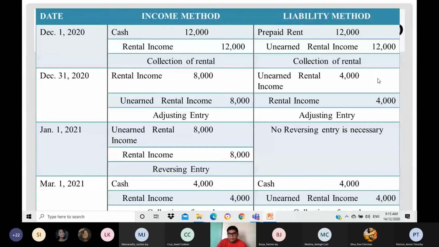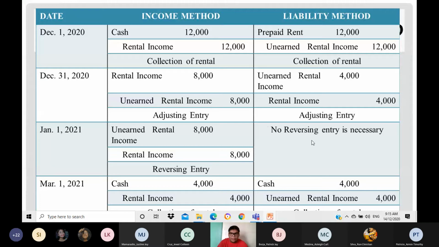So, pagdating mo ng January 1, no reversing. Okay. Pagdating ng March, iba lang recognition niya, cash. Oh, okay.